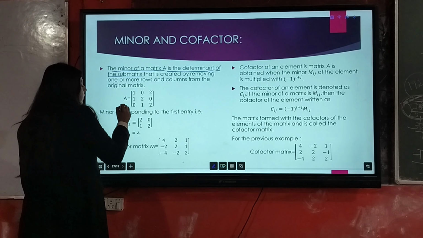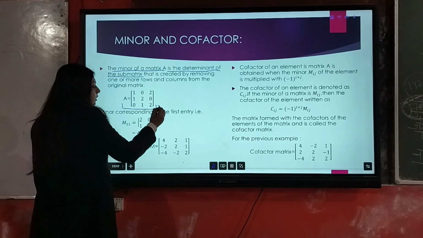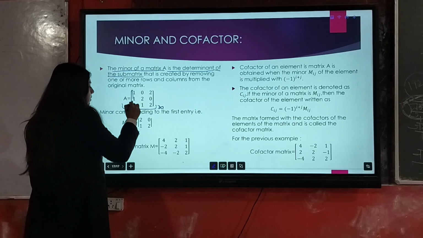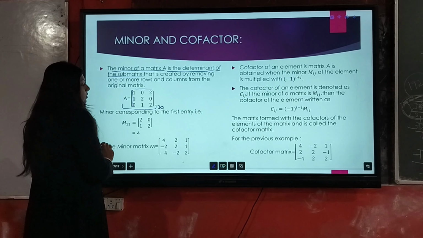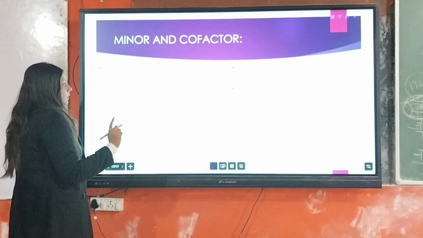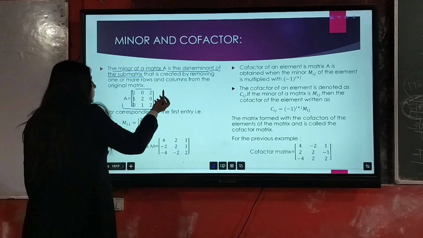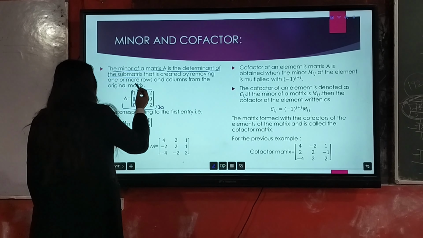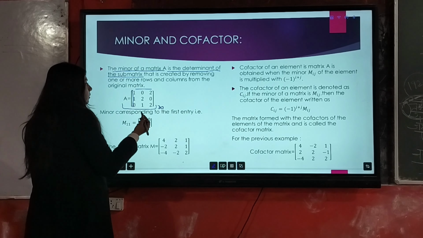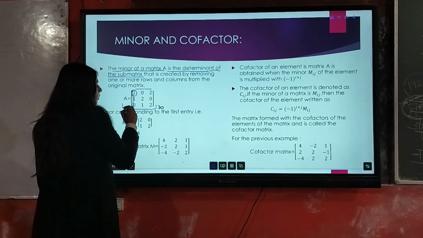Now if we take this matrix, this is 3 cross 3, which means an order 3 matrix. We have 3 rows and 3 columns. Now, what is the submatrix? We have to find a submatrix corresponding to an entry.